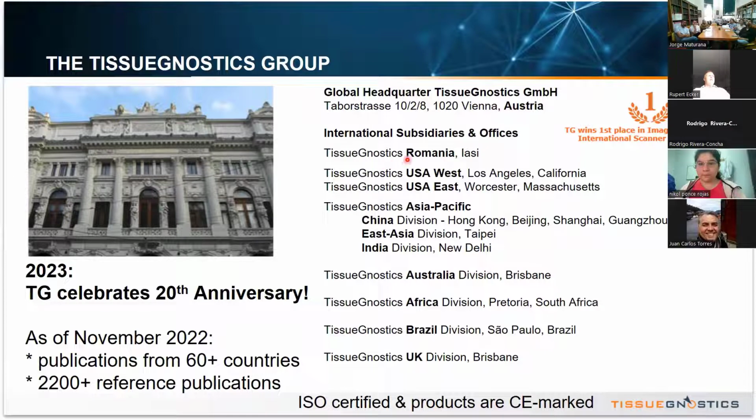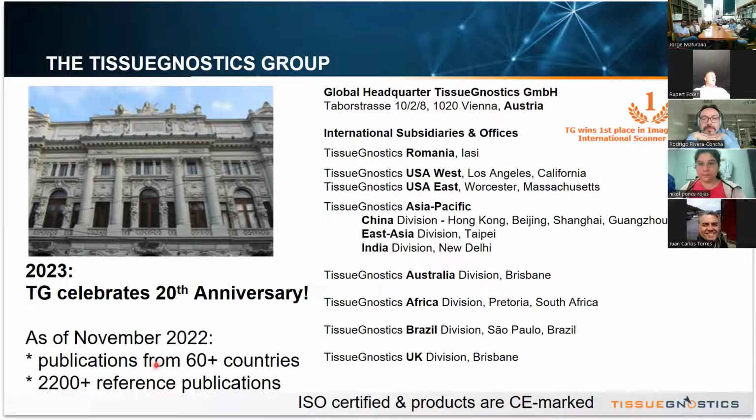But nowadays we have an international network of subsidiaries and offices in Europe, in the United States, throughout Asia Pacific. I myself, as I said, am currently based in Brisbane, TissueGnostics Australia division, but we also have support offices and structures in South Africa, in Brazil, and in the United Kingdom.